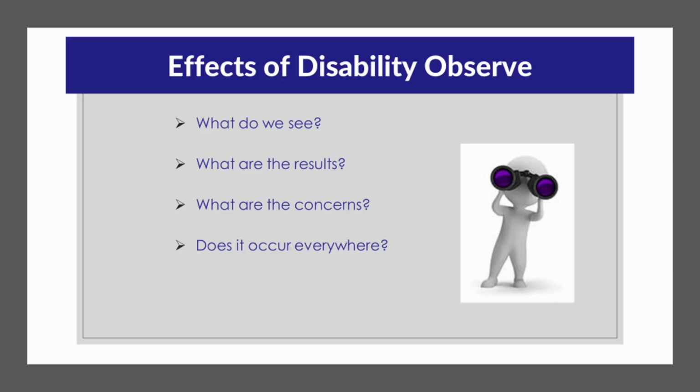In step 2, we observe effects of the disability. The team describes how the student's disability affects access, engagement, and progress in the early childhood or grade level standards based on the curriculum, instruction, and environments by sharing observations to answer the question, in what ways do the characteristics or nature of the student's disability affect the student's ability to meet early childhood or grade level academic standards and functional expectations?